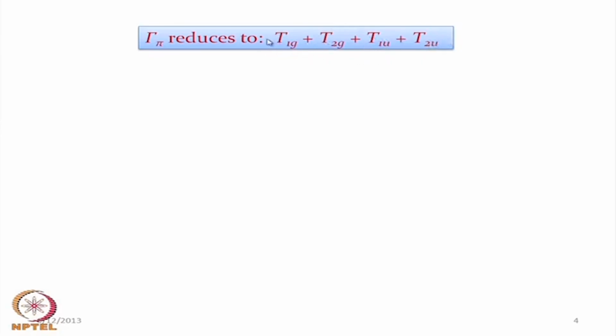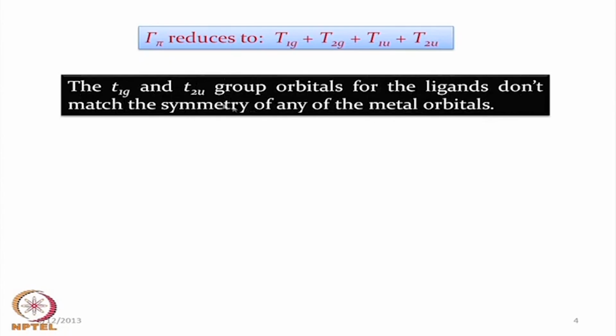All 4 are triplets, so together we will have 3 plus 3 plus 3 plus 3, that means 12 orbitals which we are utilizing for the interaction with the metal orbitals. The T1g and T2u group orbitals of the ligand do not have the corresponding symmetry of any of the metal orbitals. So, T1g and T2u are just therefore not matching.